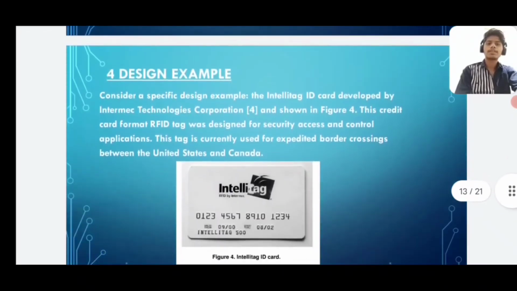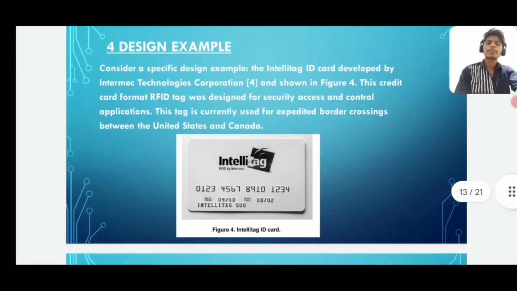So, a design example. Consider a specific design example, the IntelliTag ID card developed by Intermec Technologies Corporation, as shown in the figure below. This credit card format RFID tag was designed for security access and control applications.